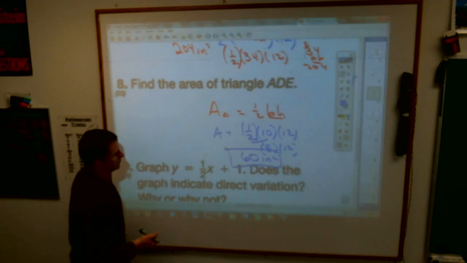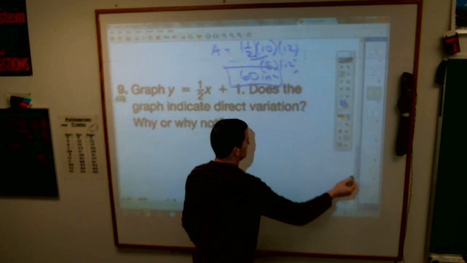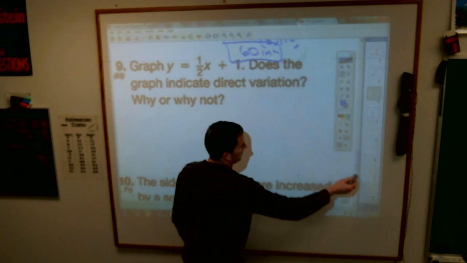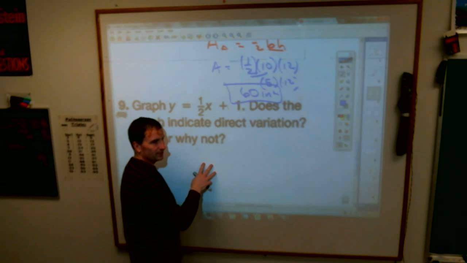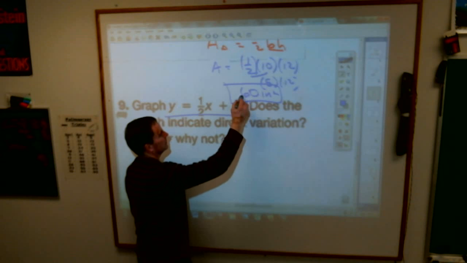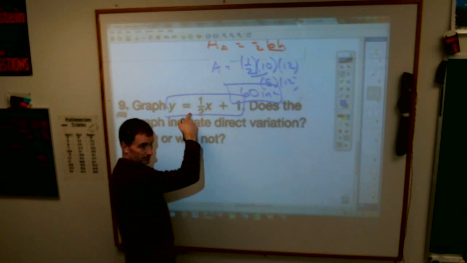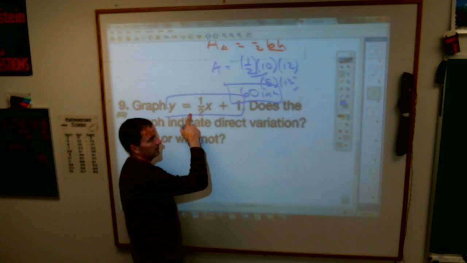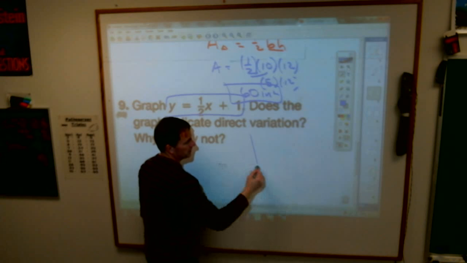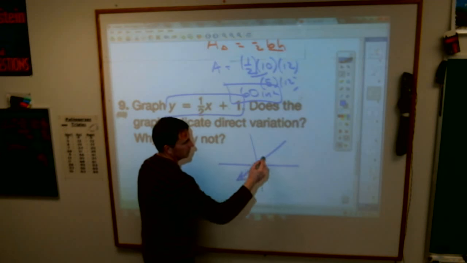And while we're standing here for problem number 9, please understand this, okay? If you're looking for direct variation and they give you the equation, in what form is this? After all these years, slope-intercept form, okay? Direct variation has to cross through the origin.